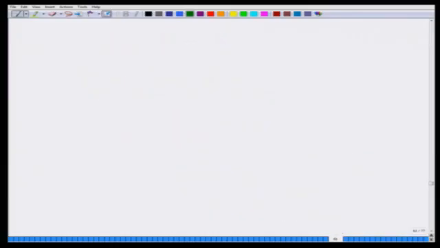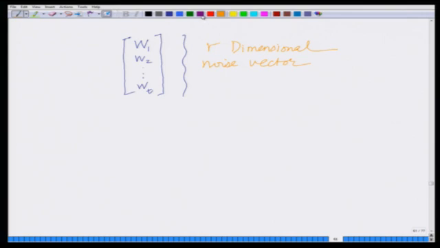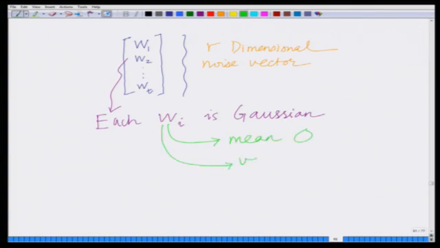Now, a little bit about the noise vector, because we have not said anything about the noise. If I look at the noise vector W, this is my R dimensional noise vector, where each Wi is Gaussian with mean 0 and variance sigma square.